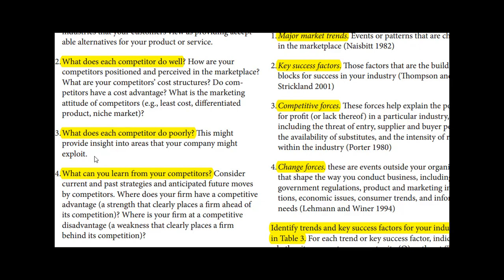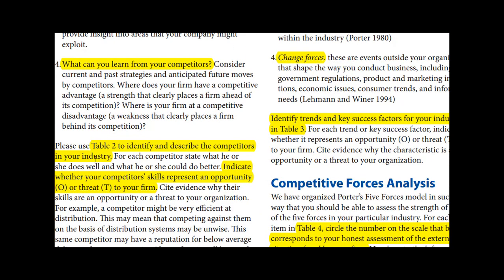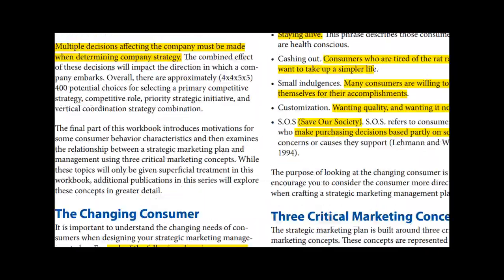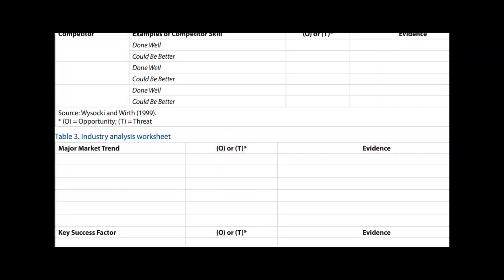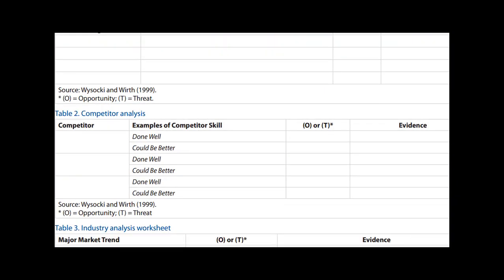To answer these four questions, again, table number 2 is given at the end of this reading, which indicates opportunity or threat. After table 1, we have seen table 2, which is again about the competitors. And when we complete this table, we will be able to answer those four questions that we have read in the theory.